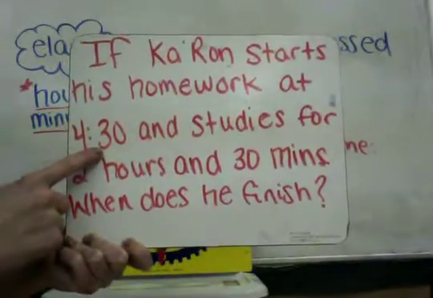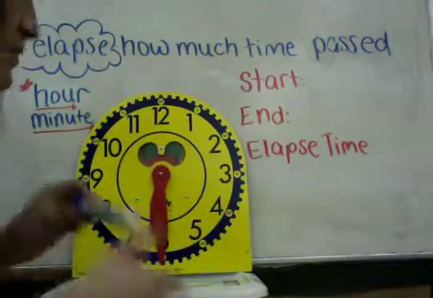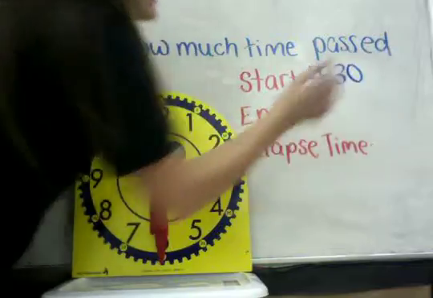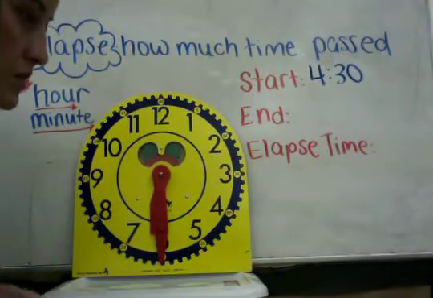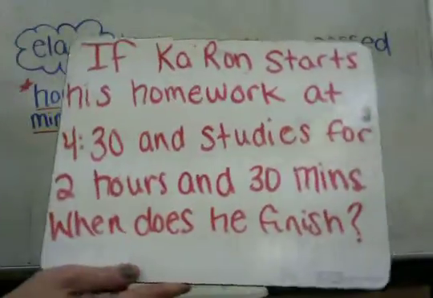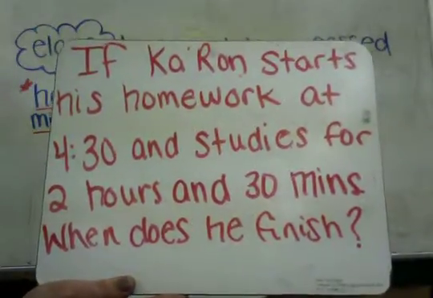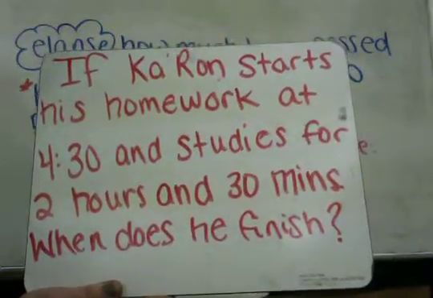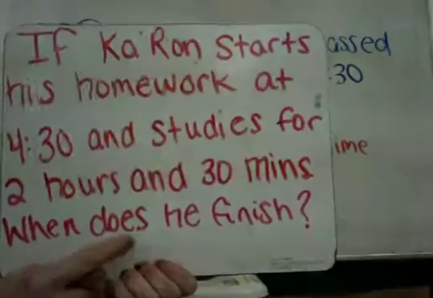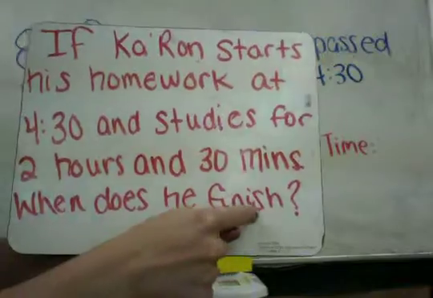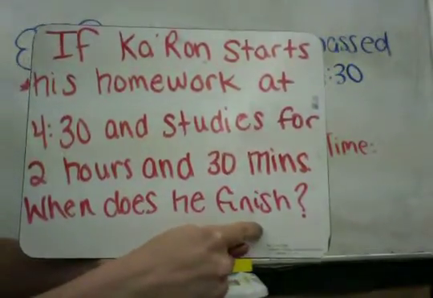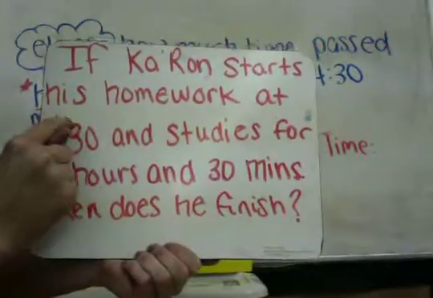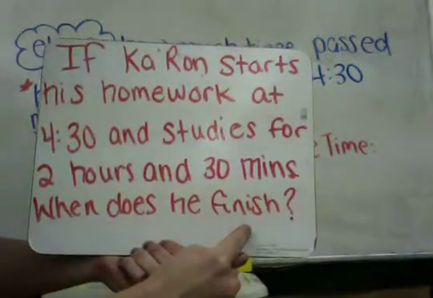So I'm going to put this time over here. Our starting time will be 4:30. That's where I'm going to set our clock to. Do we know his ending time? He studies for 2 hours and 30 minutes. When does he finish? We don't know this part yet. But what we do know is how much time has passed from when he started until he finishes.